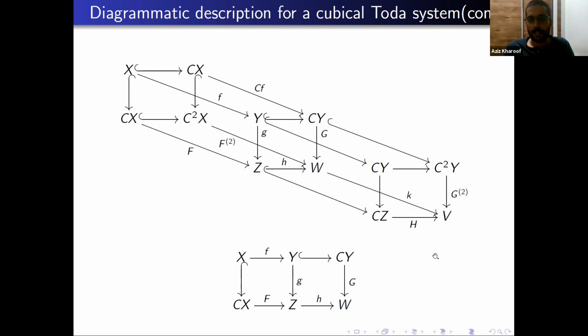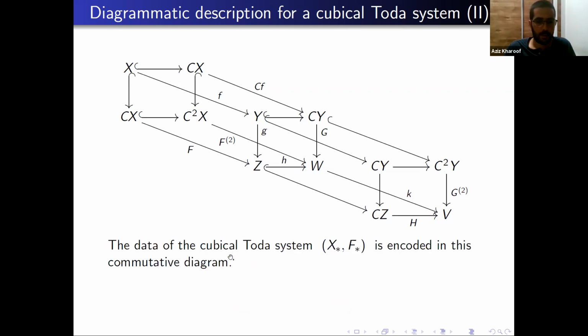Okay, so why is it good to do that? Because now we can define equivalence between Toda systems, okay? How can we define equivalence if we have two Toda systems? What I said is that this diagram encodes the cubical Toda system, yeah.